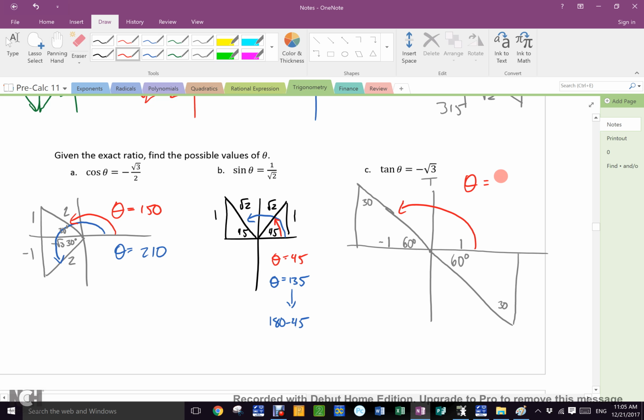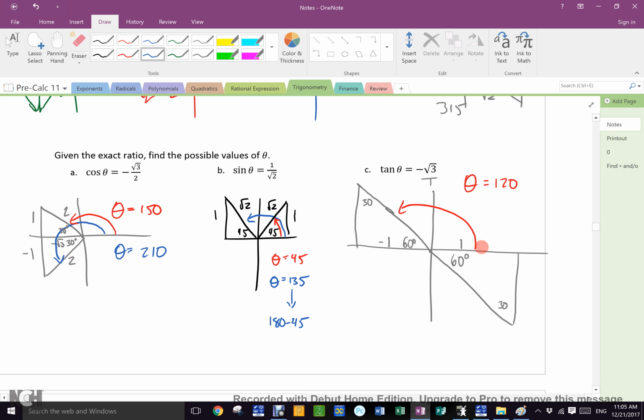Is it 150 or 120? Okay, 2 other people just said them both again. Which is it? If this is 60, what's this? 120. I drew it badly on purpose because drawing doesn't matter. It's just to help.